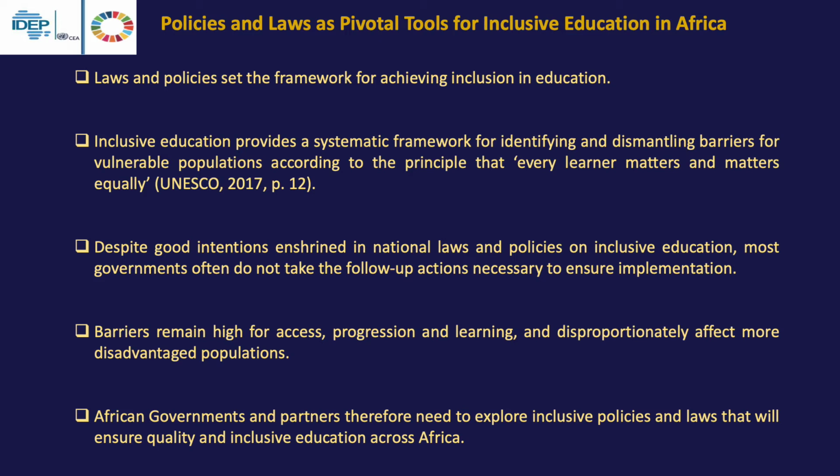Therefore, we see a lot of barriers when it comes to access, progression, and learning, disproportionately affecting more disadvantaged populations. So, this calls also enjoins African governments, practitioners, and policymakers to explore inclusive laws and policies that will ensure quality and inclusive education across Africa.